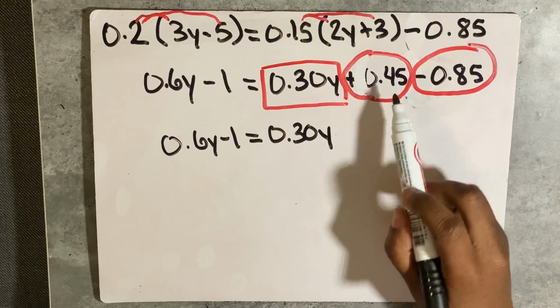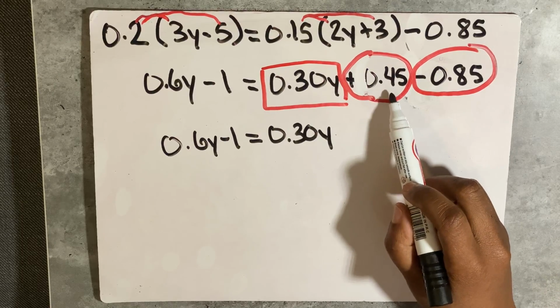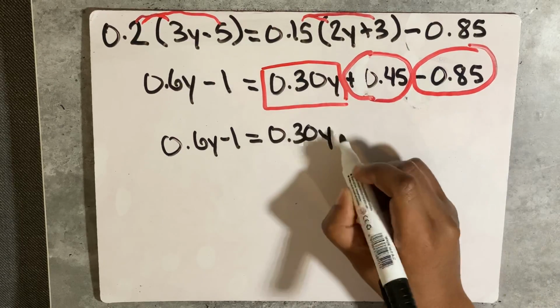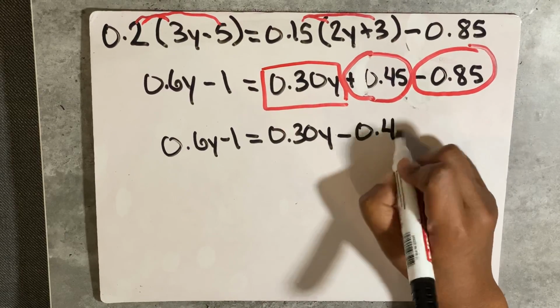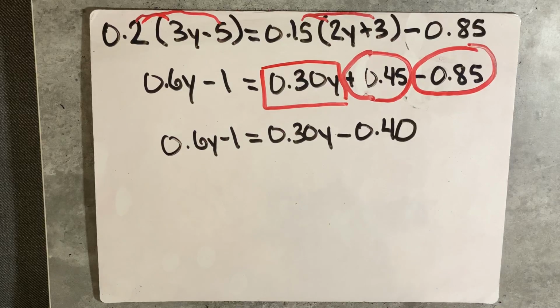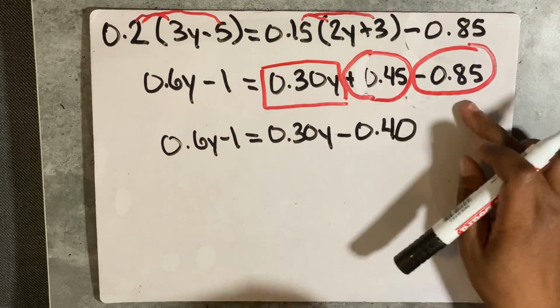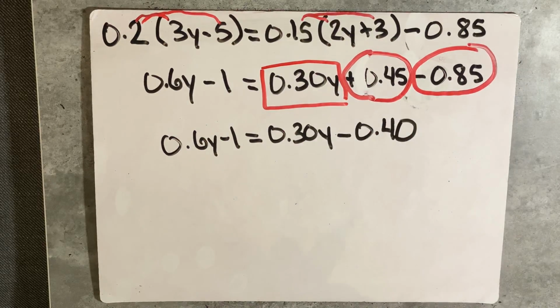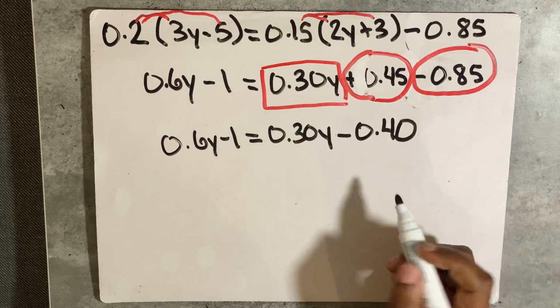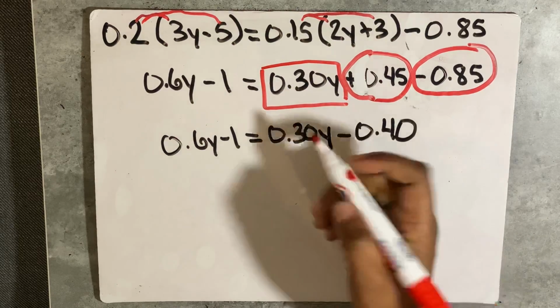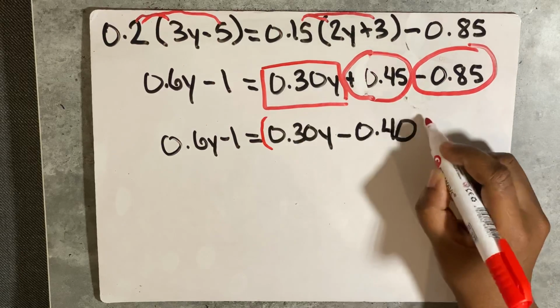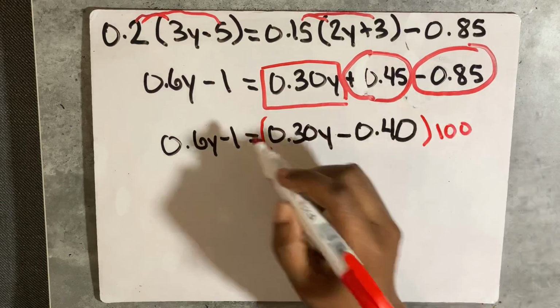So if I say 45 hundredths minus 85 hundredths, I'm going to get a negative 40 hundredths. Okay? Because 85 take away 45 is 40. Then I'm going to take the entire problem, everything, and I'm going to multiply everything by 100.